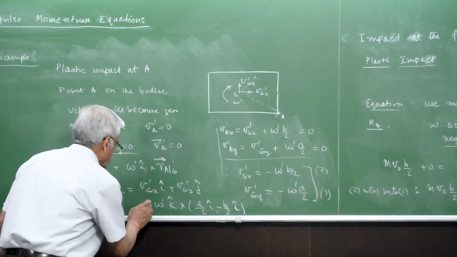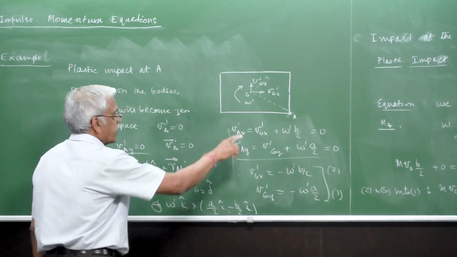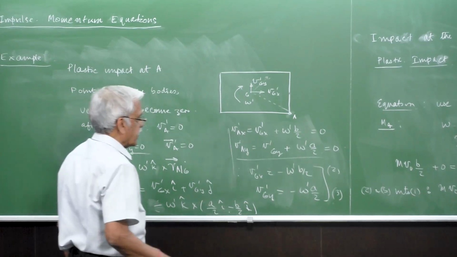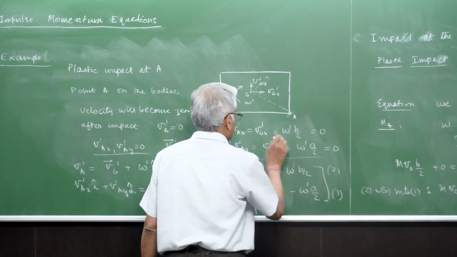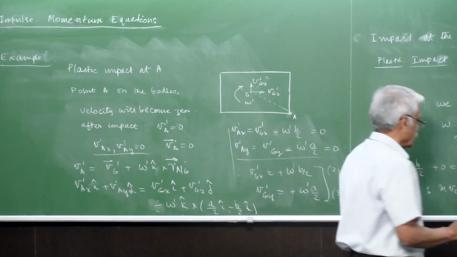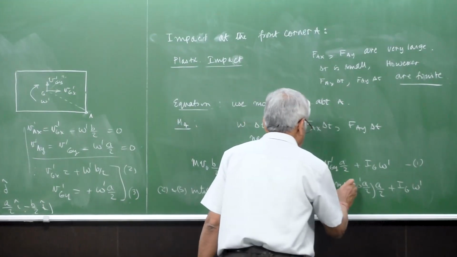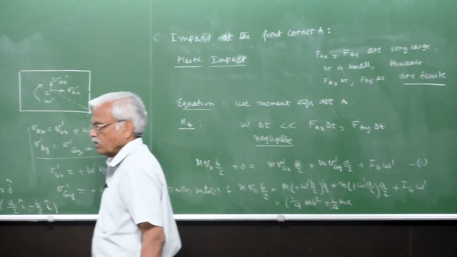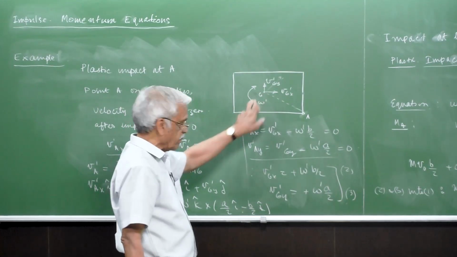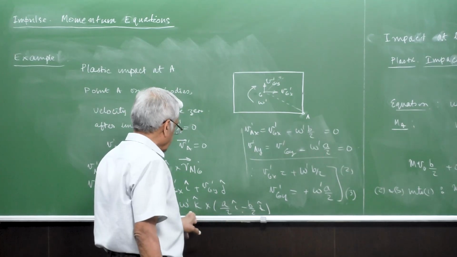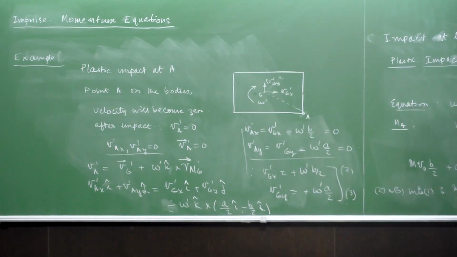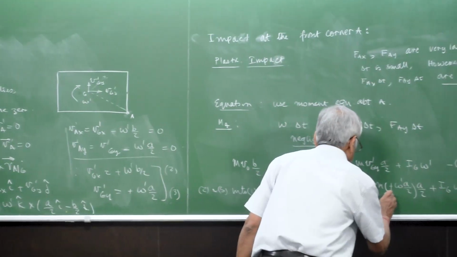But if it has to be in consonance with this one, it should be negative here and positive here, which means that these things will become positive. So this omega prime here is taken as clockwise, but in this equation whenever we do this, counterclockwise is actually the positive part.